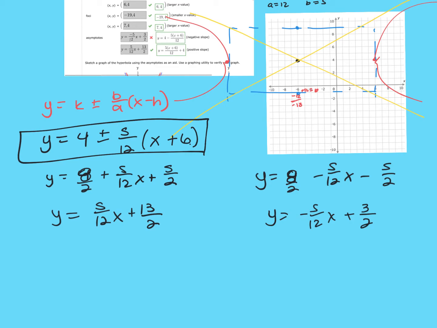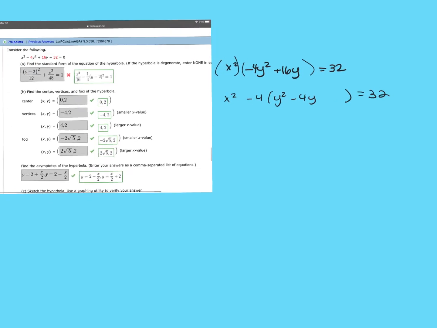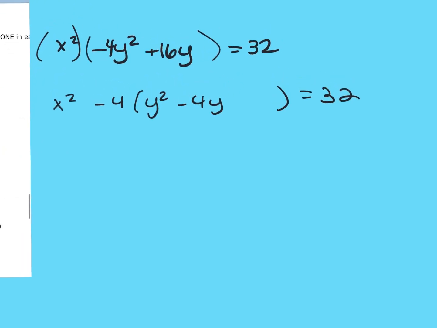Just one little digit. All right, this one is the complete the square one. So I started to group it. There's only an x for the x squared, so you don't need the x squared and the x. So you're only completing the square in the y. But you have to take out a -4, and when you take out the -4, it changes the sign on the 16. So then when we take the -4 divided by 2 squared, it's 4.